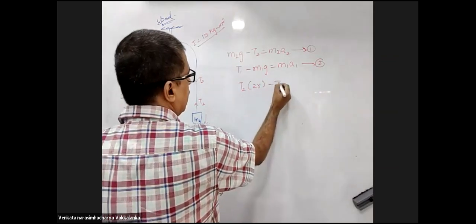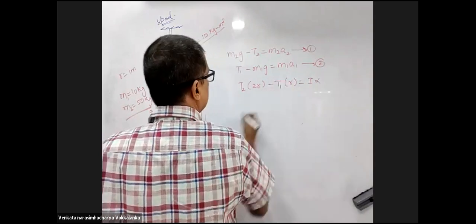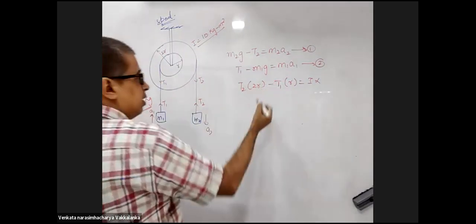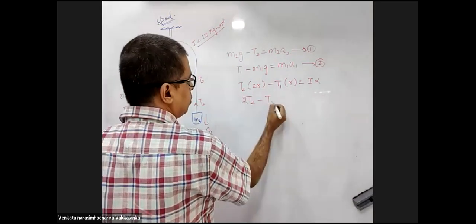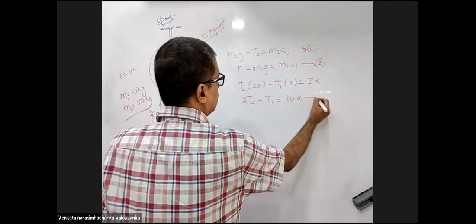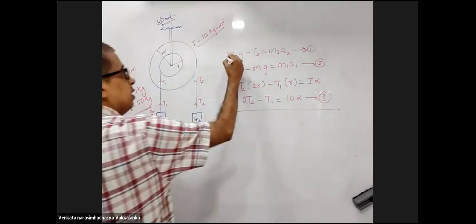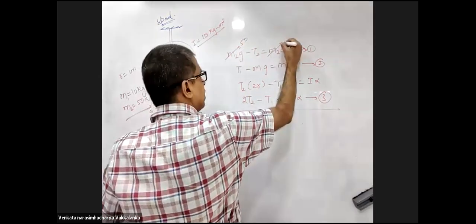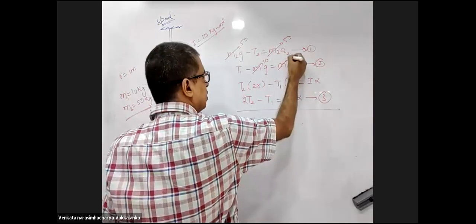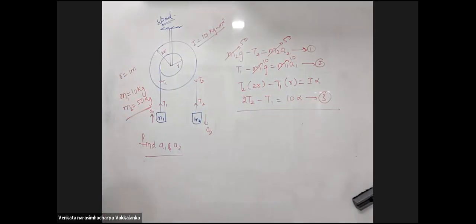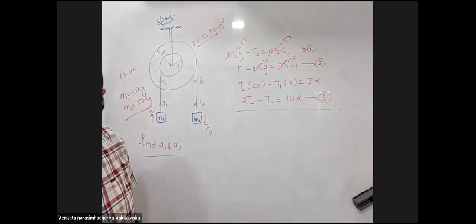T2 into 2R minus T1 into R is equal to I into alpha. R is 1 meter, makes your life much more simple. 2T2 minus T1 is 10 into alpha. All three dynamic equations I am done with. M2 is 50, M1 is 10.